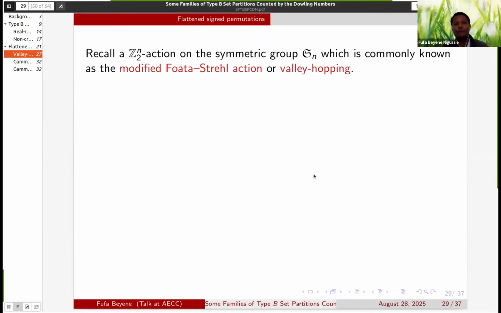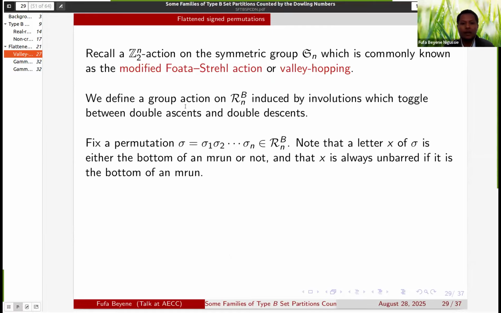We follow the same procedure of the Z2^n action on the symmetric group to define a group action on our class of permutations here, the set of flattened signed permutations. And this group action is induced by involutions which toggle between double ascents and double descents. So if we have double ascents, then by applying this group action, we will have an involution which transforms double ascents into double descents.